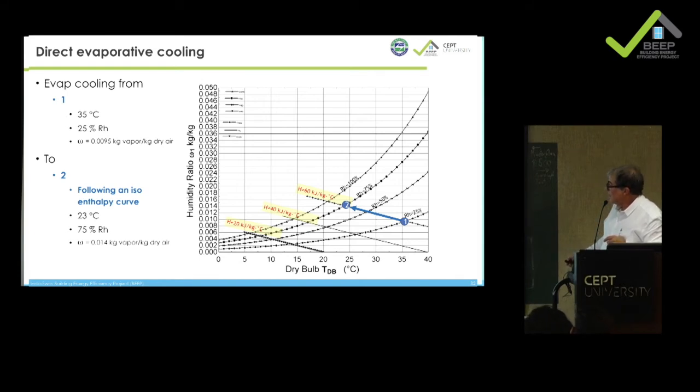So by going from 25% humidity and 35 degrees and spraying water, increasing from 9.5 grams to 14 grams of water in a kg of dry air, you are going to reach something like 70-75% relative humidity, and you will have decreased the temperature of the airstream from 35 down to something like 23 degrees.